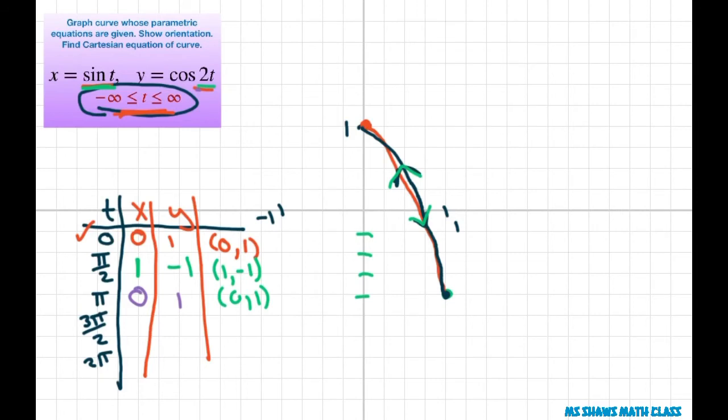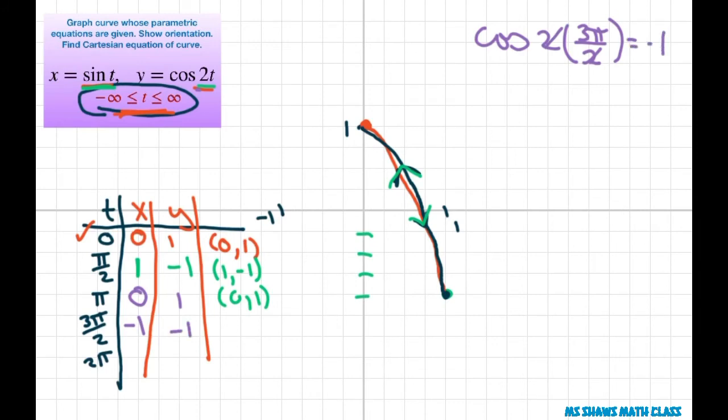Now, 3 pi divided by 2: sine is, our x is negative 1, and our y is cosine of 2 times 3 pi divided by 2. That's cosine of 3 pi, which equals negative 1.